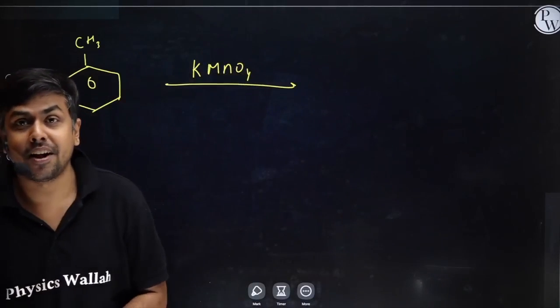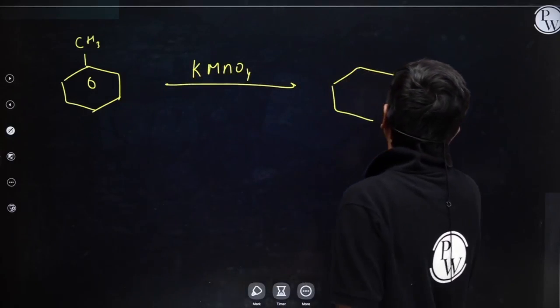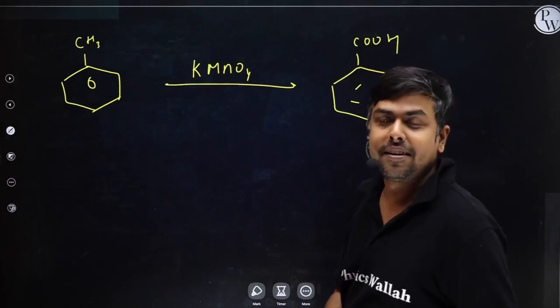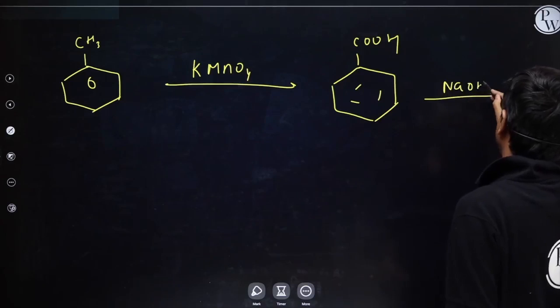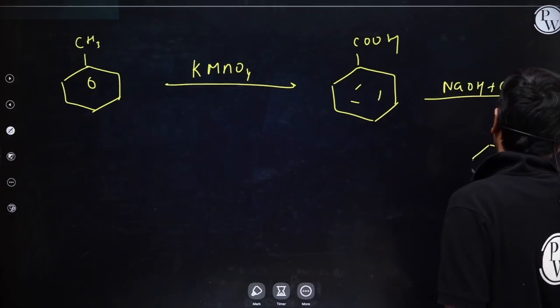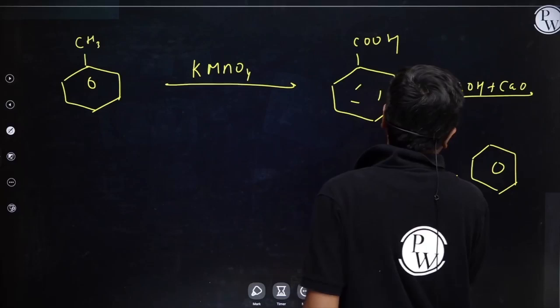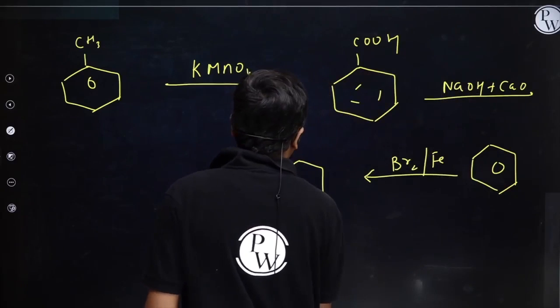This benzylic hydrogen treated with KMnO4, I will have the formation of benzoic acid, COOH. Am I clear? Use soda lime, NaOH plus CaO. You are going to get benzene, right? Now treat this benzene with Br2 in the presence of Fe. You are going to get bromobenzene.